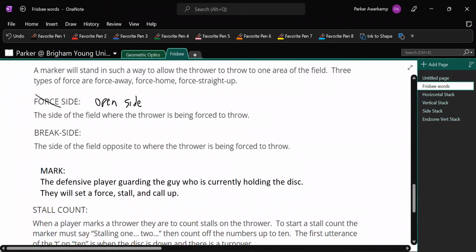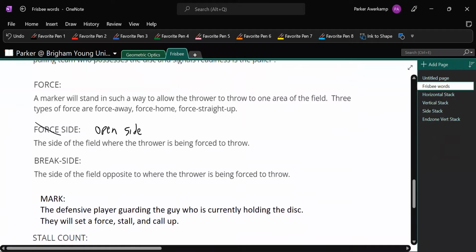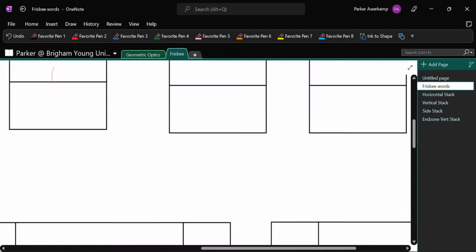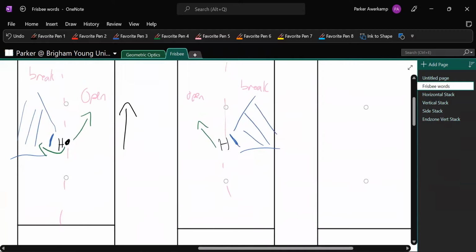The mark is the person who is guarding the person who is holding the disc. So whatever person happens to be there that is guarding the person after they catch the disc, they become the mark, and their job is to set force. They will usually pick in advance which side we're going to force to, and they will stand on that side of the person or guard that side more strongly to help prevent throws toward the break side.